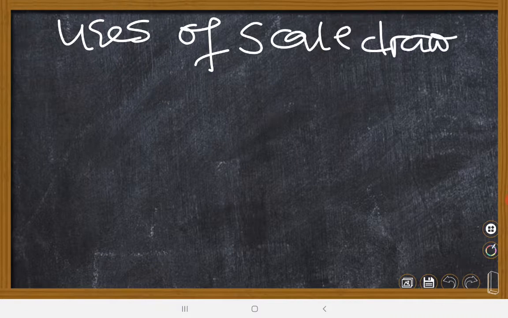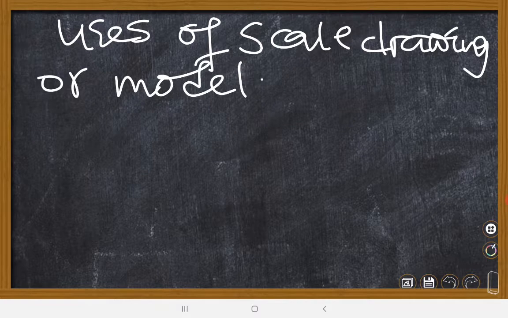So, uses of scale drawing or model. Scale drawing is very useful in real life. For example, if you want to paint a room, you are not going to paint the window, you will not paint the door. So you do a model of the proportion of the room you want to paint in order to calculate the cost of the paint.